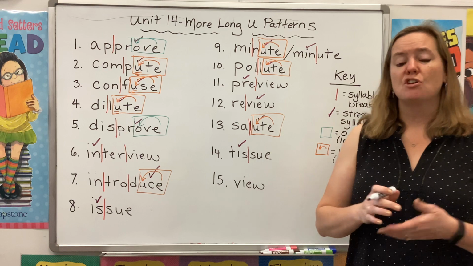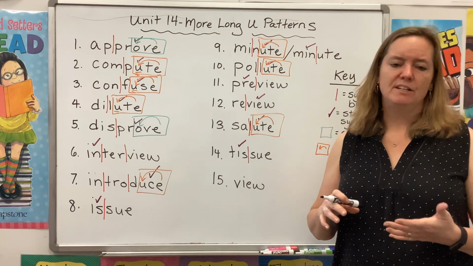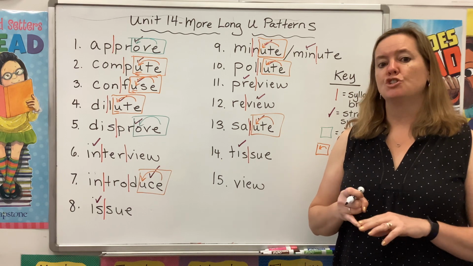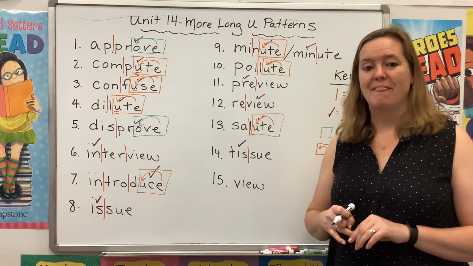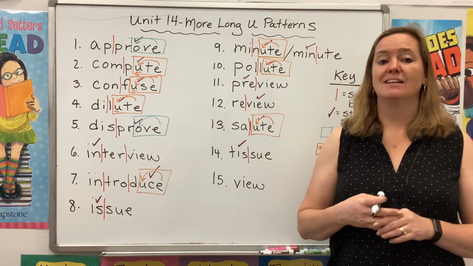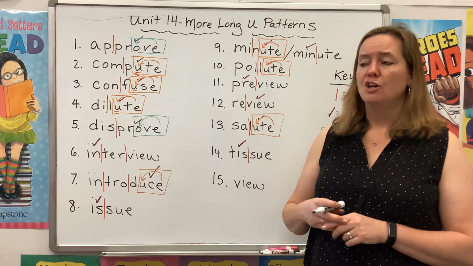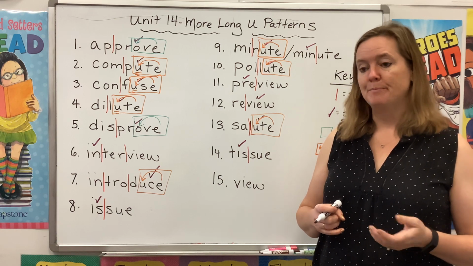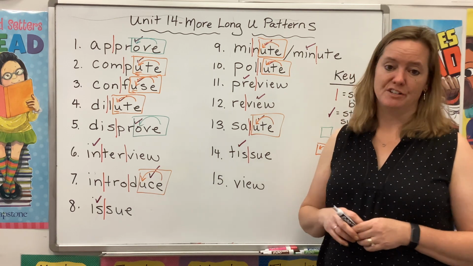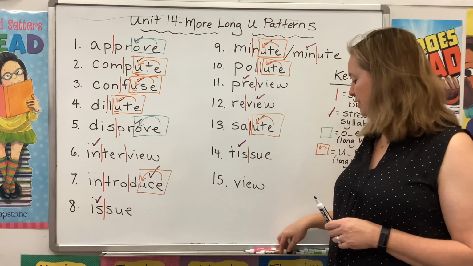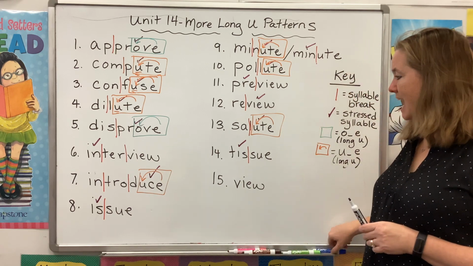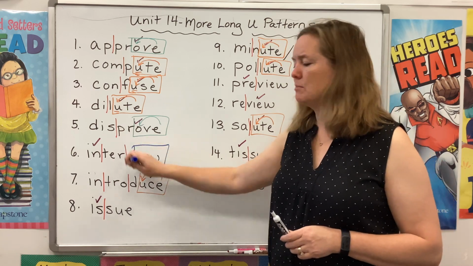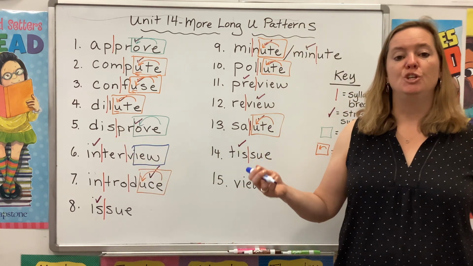Okay, now let's talk about vowel teams. You already know some common vowel teams like O-O in words like shoot or room. That's probably the most common long U vowel team. You've also seen UI in words like suit and fruit. Well, I have two new patterns to show you today. The first one is IEW. IEW work together to make the U sound.